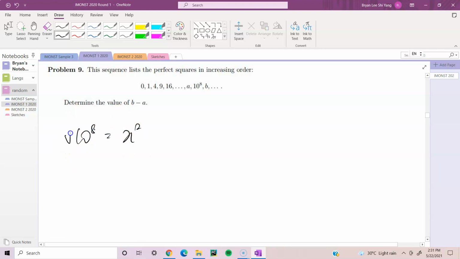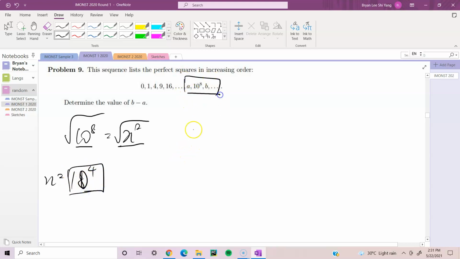So we just take the root. 10 to the power of 8 equals some x squared, so x will be 10 to the power of 8 times 1/2, which is 4. So x equals 10 to the power of 4.